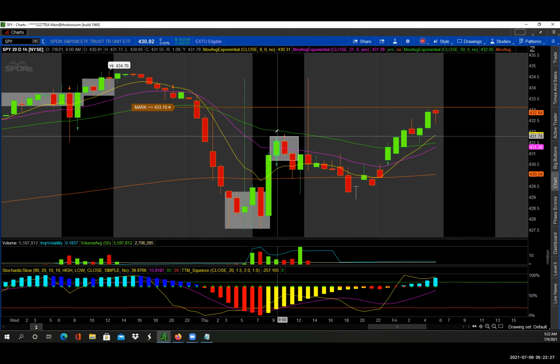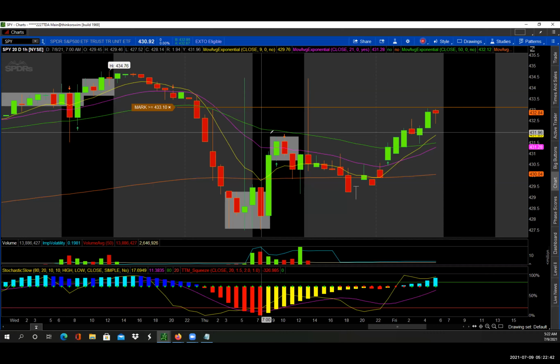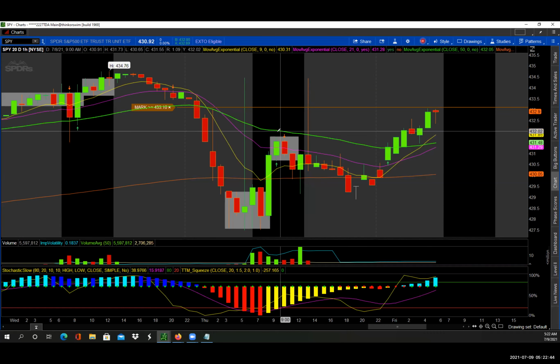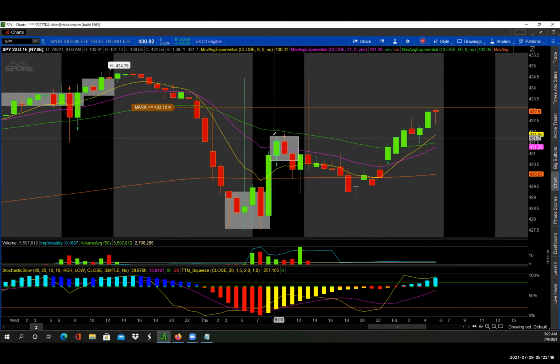So what I did was I set my target here around 431, 431.90, I believe is what I said. And the price did just that. It just broke out and it rejected to go over our moving average here on our big time frame, and we just pulled back.